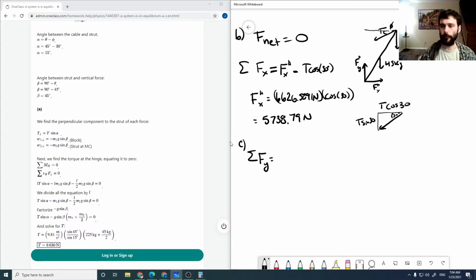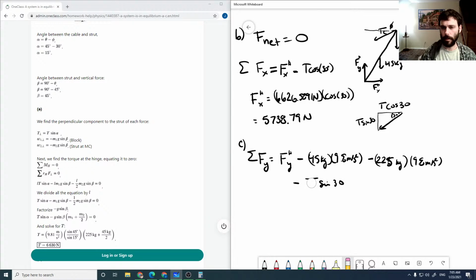And then if we look in our Y direction for C, we have a few forces. So we have our hinge Y, we have our mg for our struts, so 45 kilograms times 9.8 meters per second squared. Our mg for the 225 kilograms is, from our tension, so our minus T sine 30.